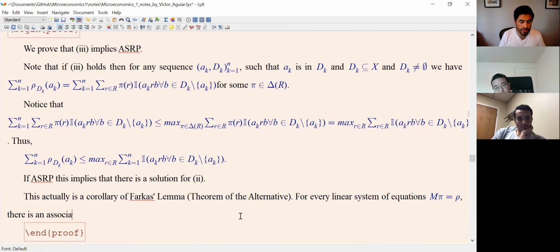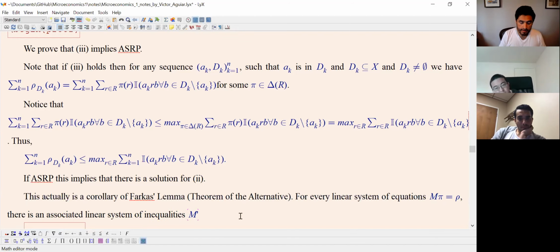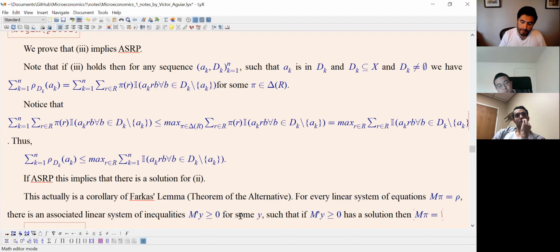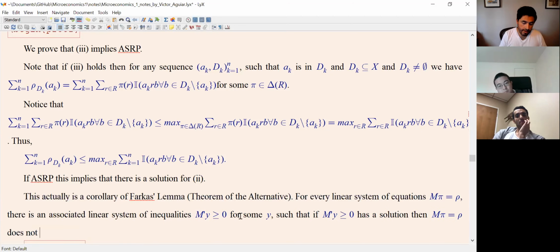There is an associated linear system of inequalities, that is M prime y greater than or equal to 0 for some vector y, such that if M prime y, so this is solving over y, has a solution, then M pi equal to rho does not have a solution.